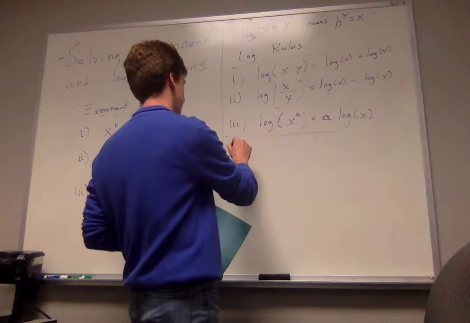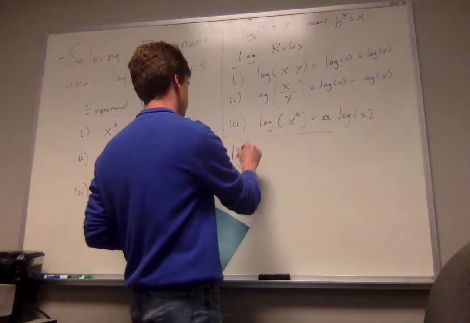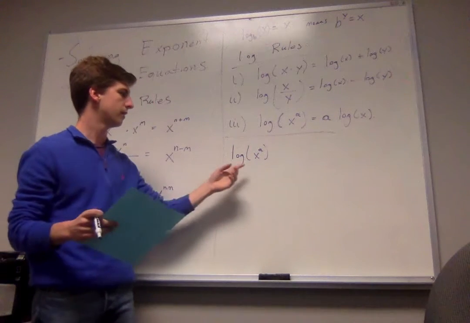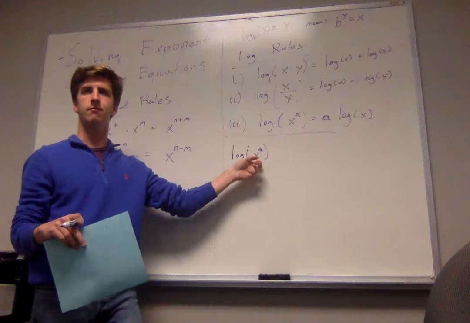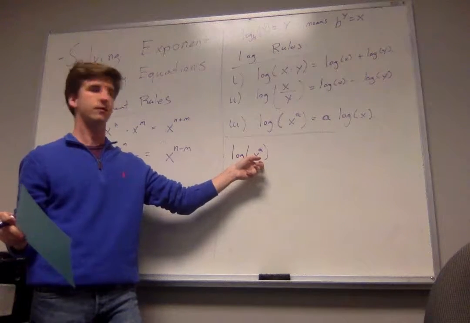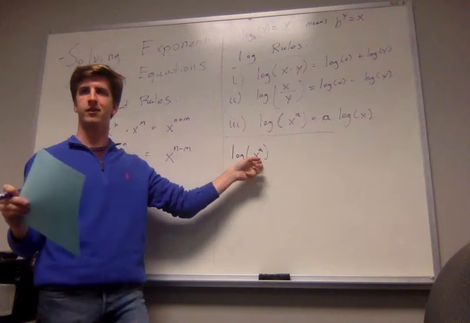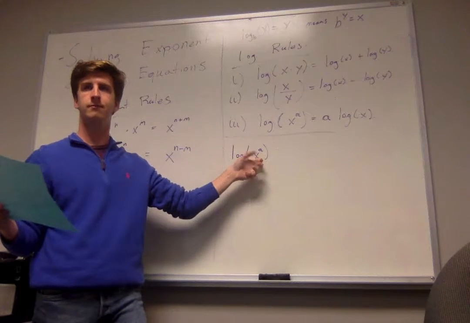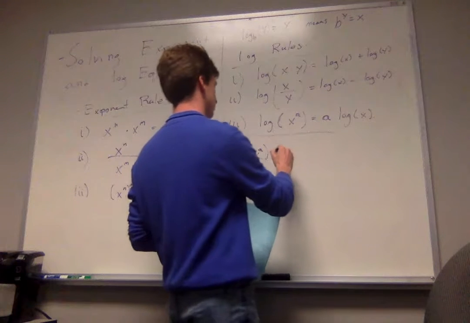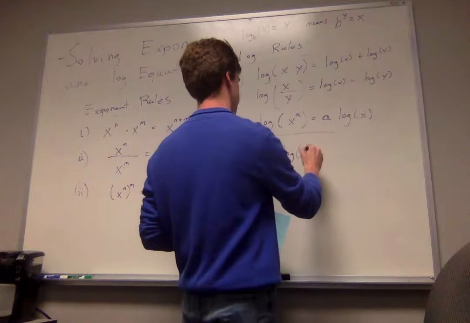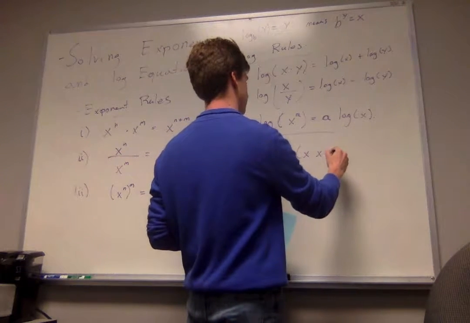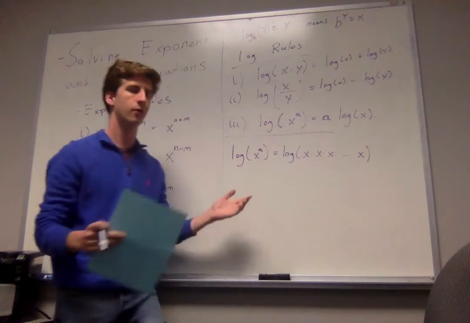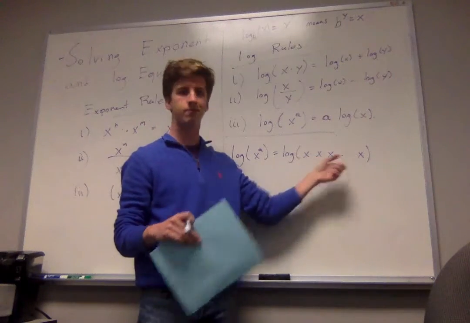So let's start out with log of x to the a power. What is x to the a? Well, x to the a is just x times x times x times x over and over again until you get a times. So this is just equal to log of x times x times x, all the way repeated until you get a times.